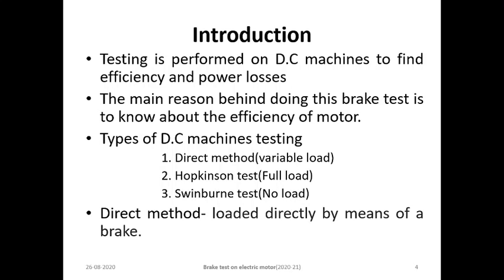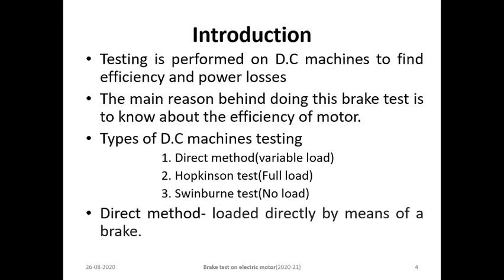So we all know that testing is done in DC machines to estimate the efficiency and power losses. And in the DC motors, the main objective behind the brake test, I mean the load test, is to estimate the efficiency.